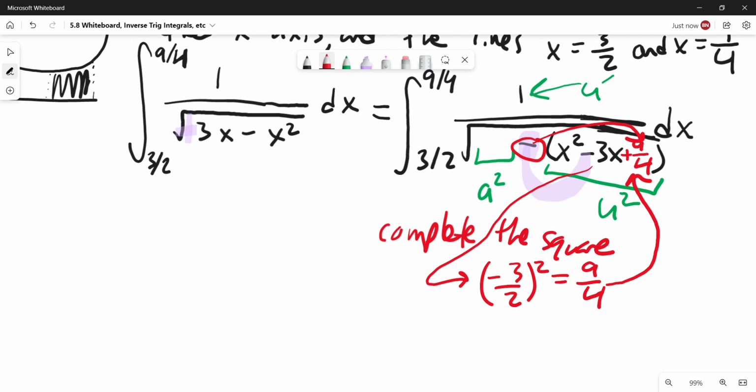So if I subtracted 9/4 there, that means I need to add 9/4 here, right? And we're all doing this all inside the square root so that it's canceling out within the square root. Plus 9/4 in the square root, minus 9/4 in the square root. So that would all cancel out. Okay.